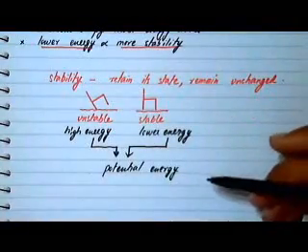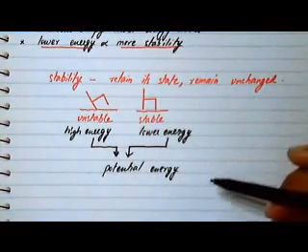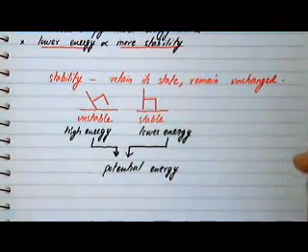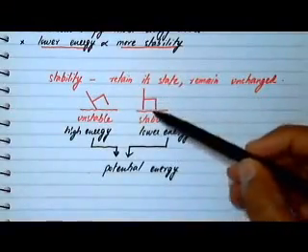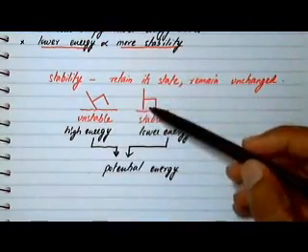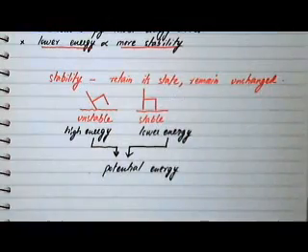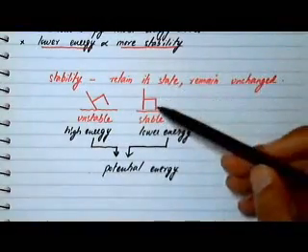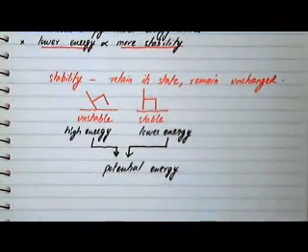Potential energy means how much work a thing can possibly do. So if you look at this chair and you leave it, it's going to remain there forever until someone pushes it around. It will retain its position, it's stable.